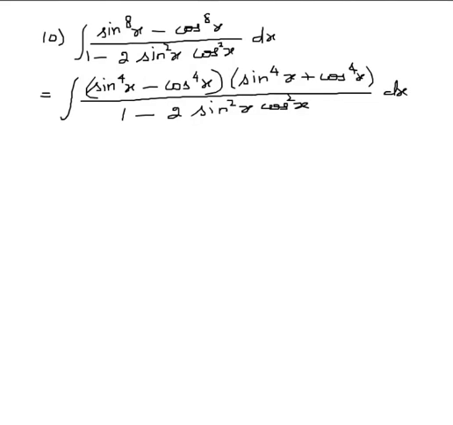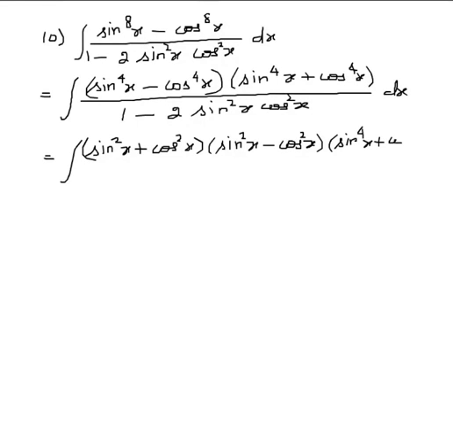The first term can be factorized further. It becomes sin square x plus cos square x into sin square x minus cos square x, into sin power 4x plus cos power 4x, divided by 1 minus 2 sin square x cos square x, dx.